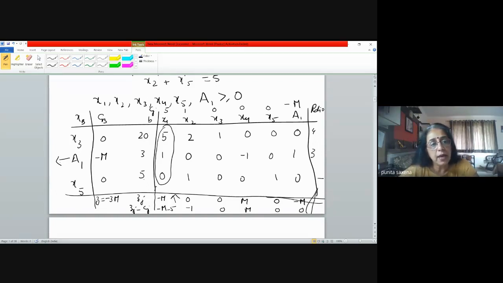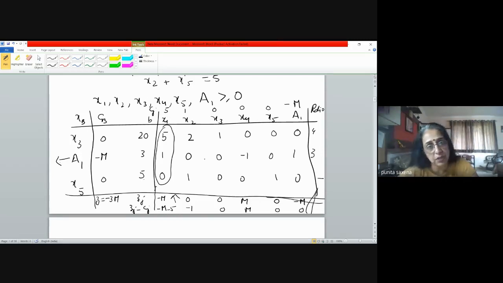Once an artificial variable has left the basis, its job is over. The job of the artificial variable was only to be a part of the initial basic feasible solution. Once it has completed its job, it can leave the basis and never re-enter.